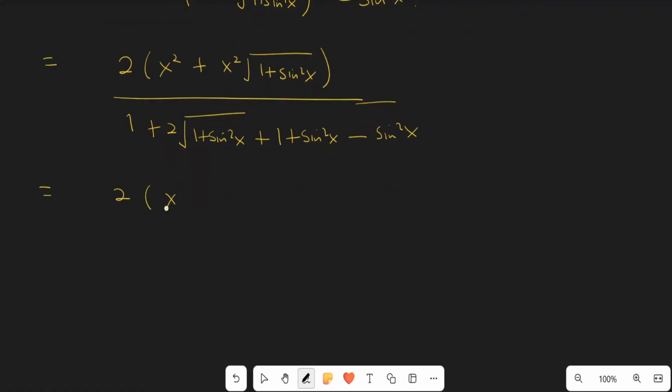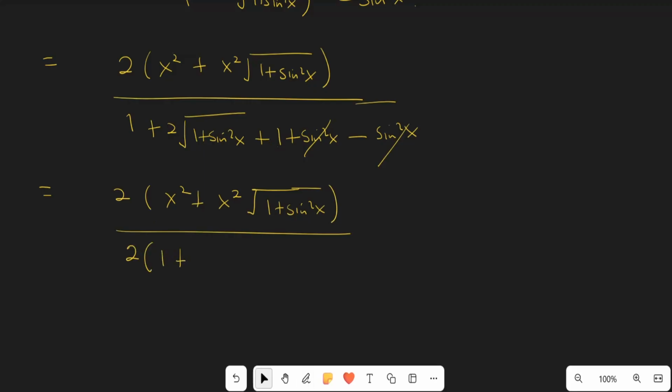So 2x squared plus x squared times the square root of 1 plus sine square x, all over. This one will cancel out with this one, and you have 1 plus 1 here, which is 2, which you can factorize out, and that will be left with 1 plus the square root of 1 plus sine square x.